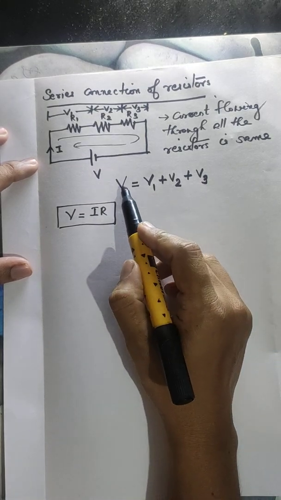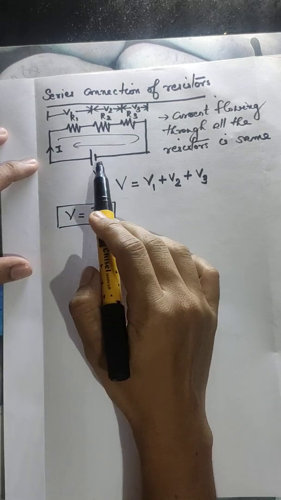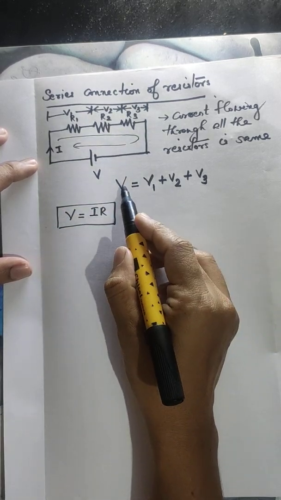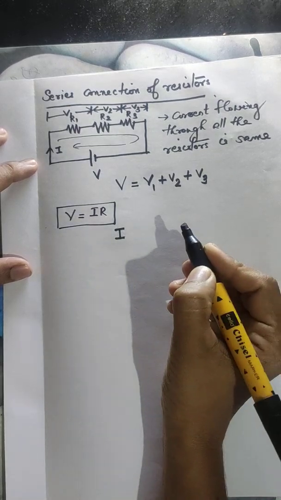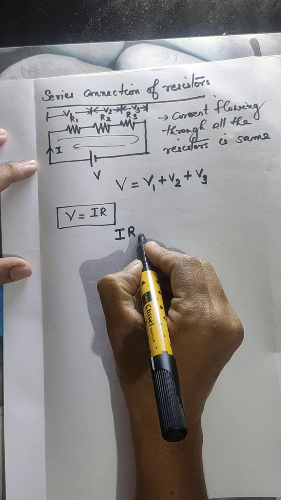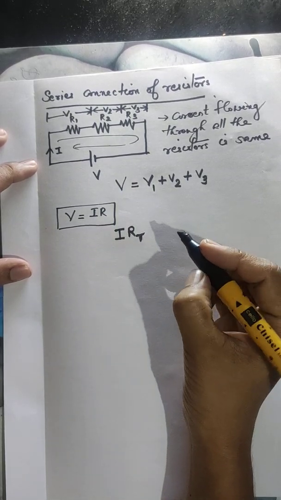So here this V denotes the total voltage applied across this circuit. That V can be represented as the total current flowing through the circuit times the total resistance of this series circuit, which is denoted as RT.